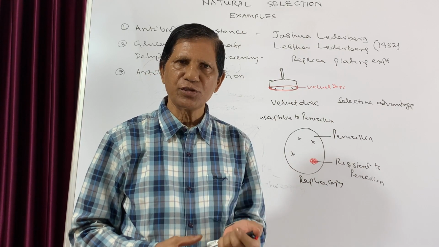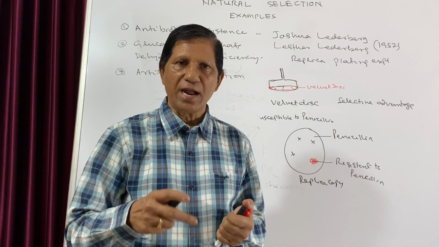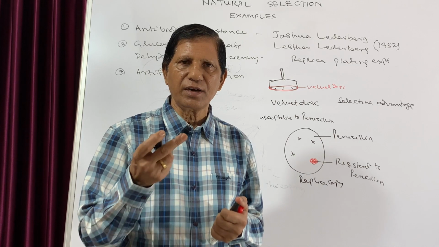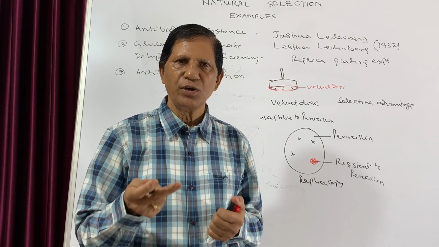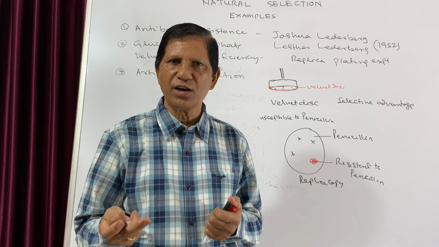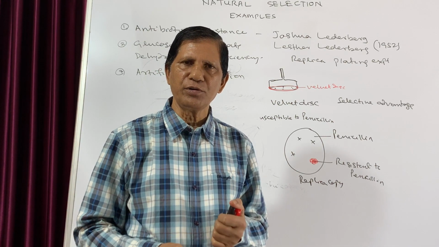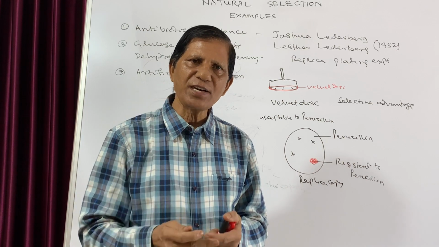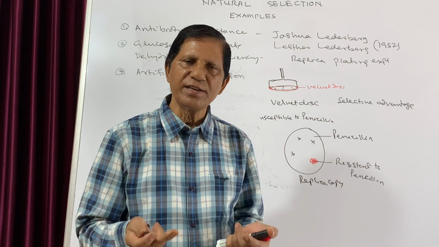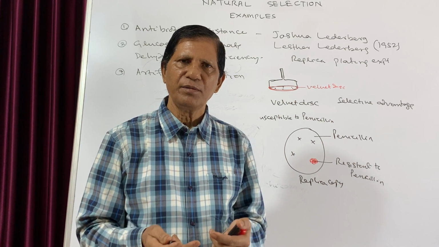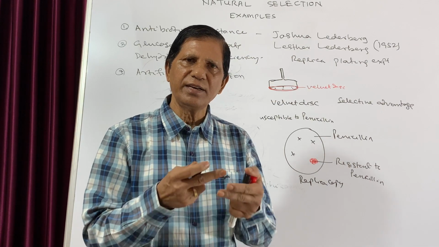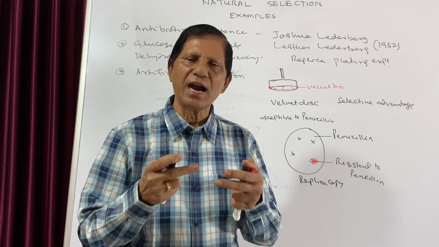In case of animals, high yielding domesticated cows, sheep, goats, ducks, and different types of domesticated animals have been produced. Similarly, in case of plants also, different new varieties have been evolved from a common ancestor as a result of selection and breeding.